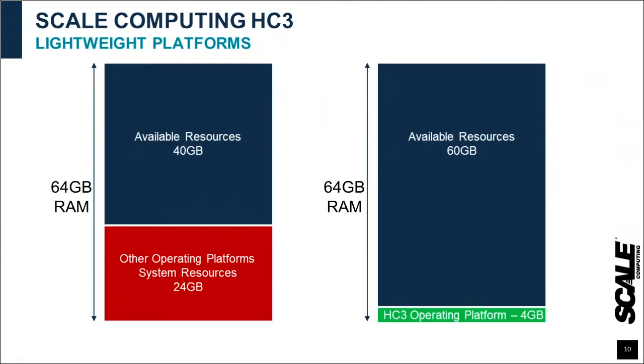But in the edge space, these aren't usually the typical 64 gig RAM nodes. They're typically even smaller than that, especially if we want to factor in redundancy from a cost standpoint. We're looking at 32 gigs of RAM. On the left side there, you don't really have any space to run VMs.